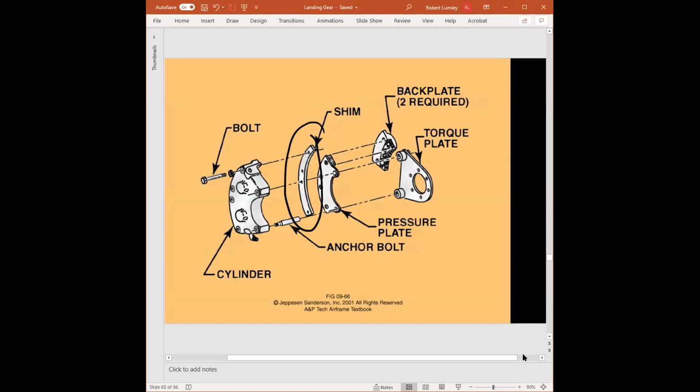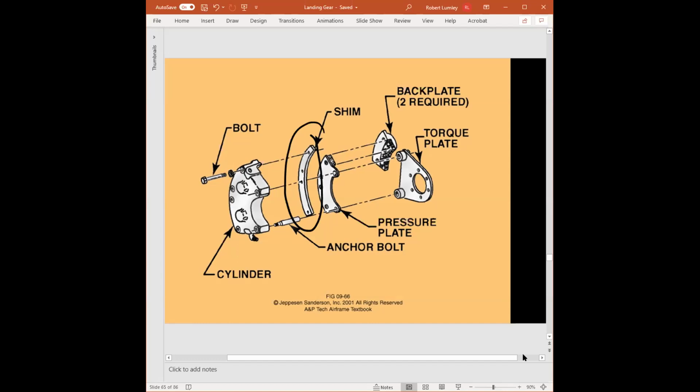So we use the shim, and then after the brake pads or the disc have worn, we're going to find that there's too much travel in the brake pedal, and thus the shim has to be removed. By removing the shim, this brings everything back closer together and it's operational.